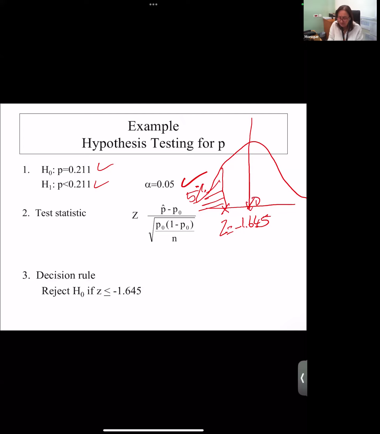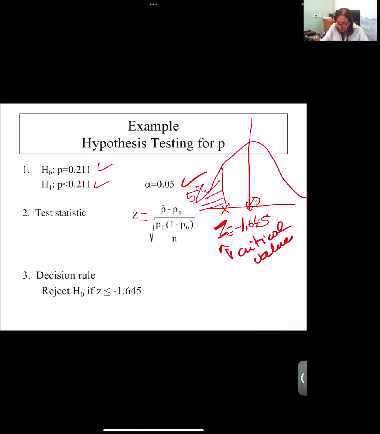If we had divided the 5% into two tails, 2.5 on the right and 2.5 on the left, my Z would be 1.96. Here, because the 5% is on one side, based on my research hypothesis, the Z corresponding to 5%, which we call the critical value, is 1.645.